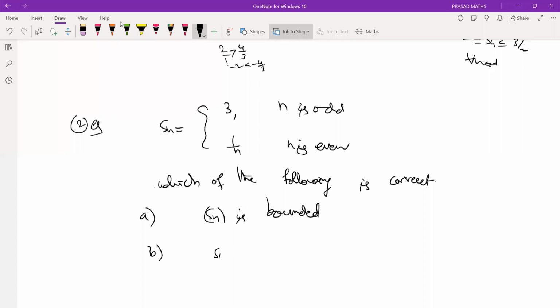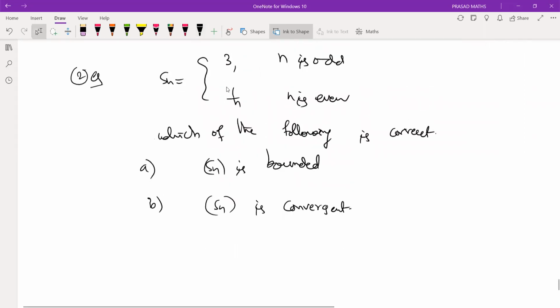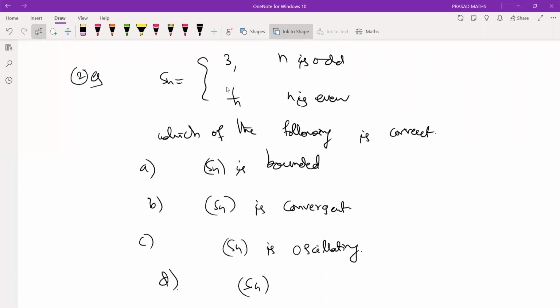Second one, Sn is convergent. Third one, Sn is oscillating. Fourth one, Sn has a convergent subsequence, infimum of Sn, diverges to, in fact, divergence.